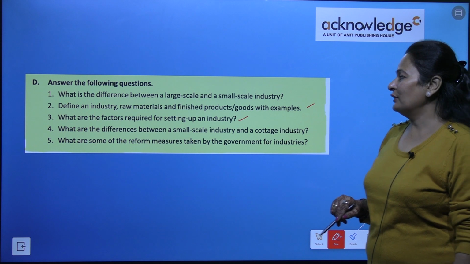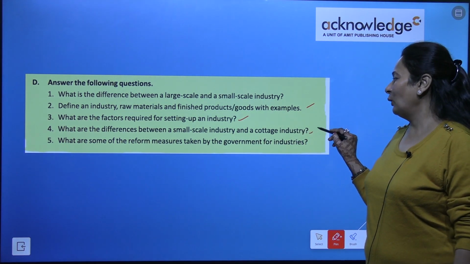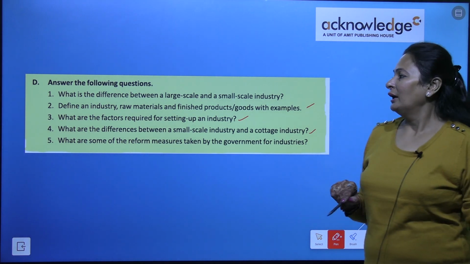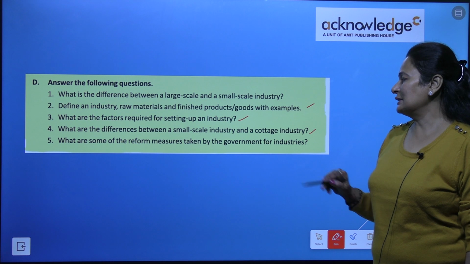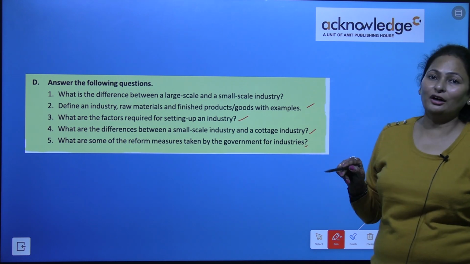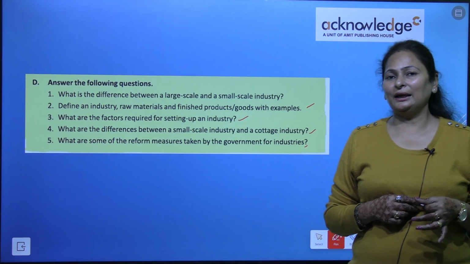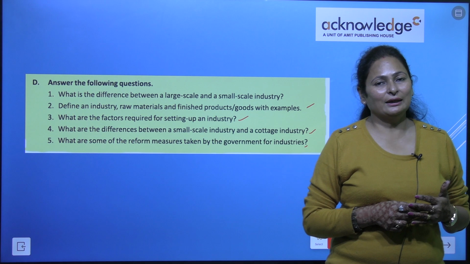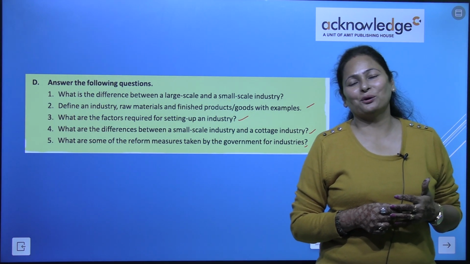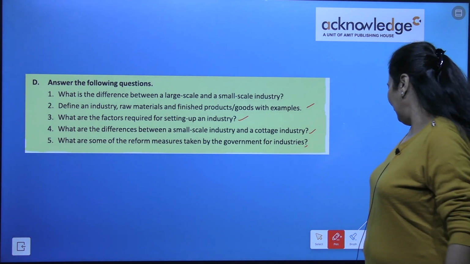What are the differences between a small scale industry and a cottage industry? And what are some of the reform measures taken by the government for industries? We have learned in detail during the explanation, kids. So this is your homework again. Do it on your own, right?